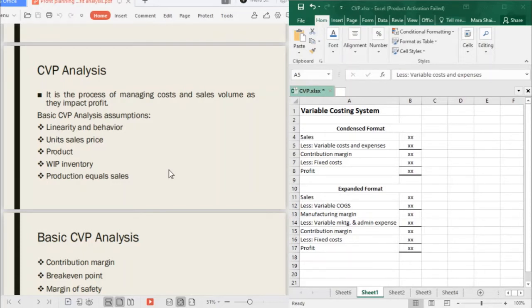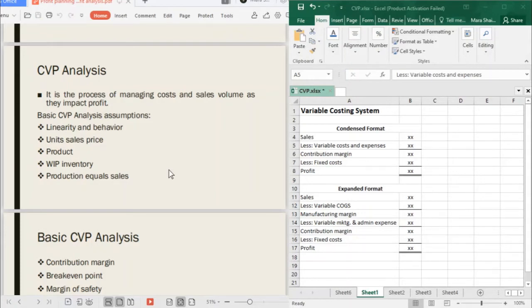Now again, the unit sales price assumption is that your unit sales price remains constant. And then your assumption about the product is that there is only one product unless it is explicitly stated that there are more. If there are more, you need to get the sales mix ratio, which we will be discussing later on, and that sales mix ratio is also constant. So those are what you should remember.